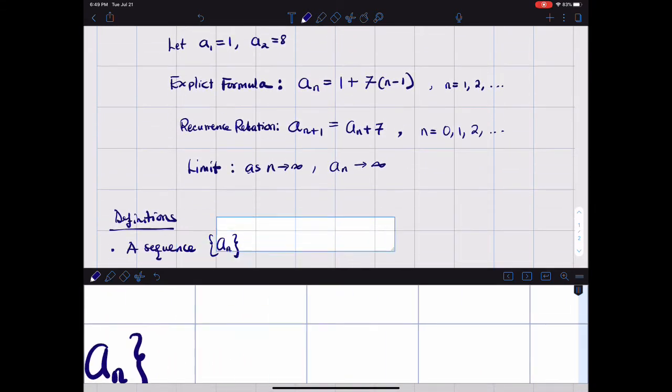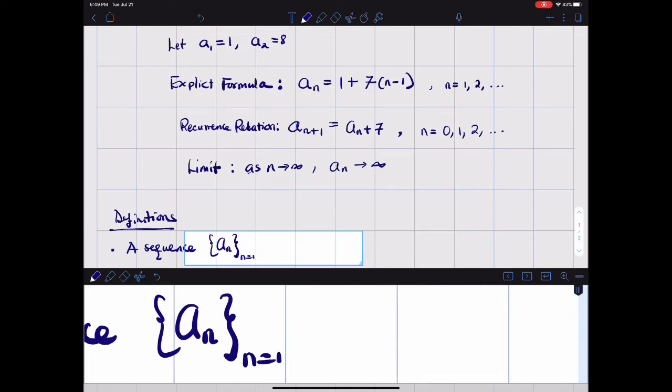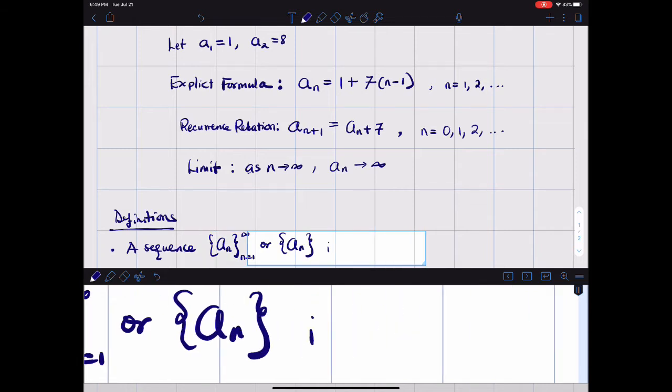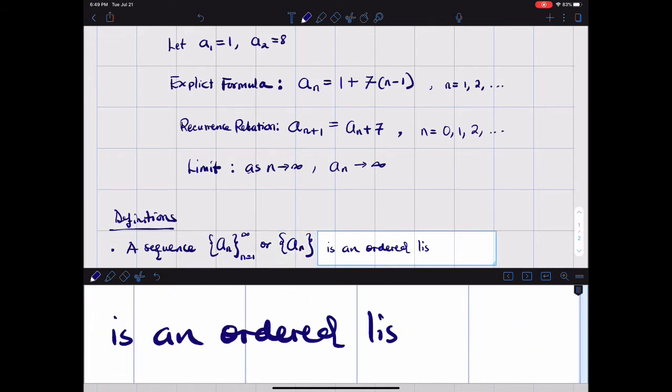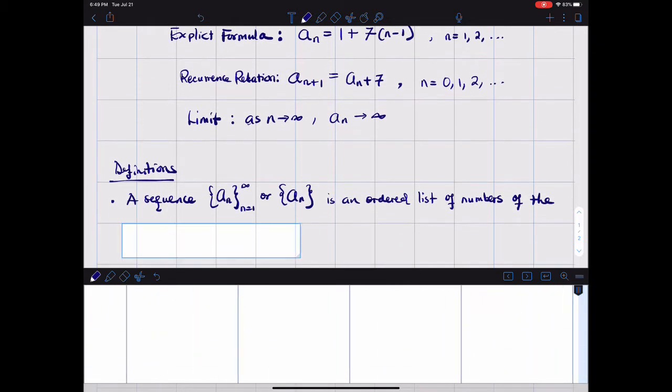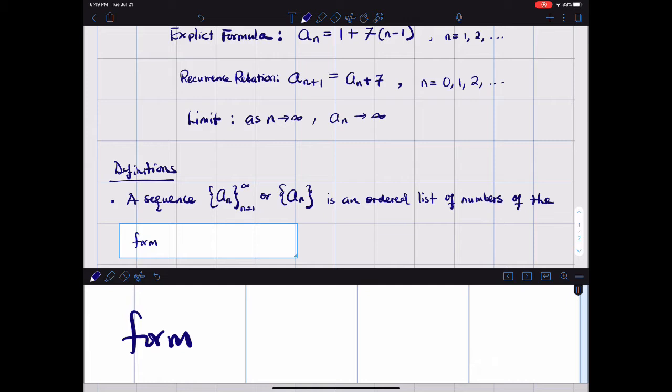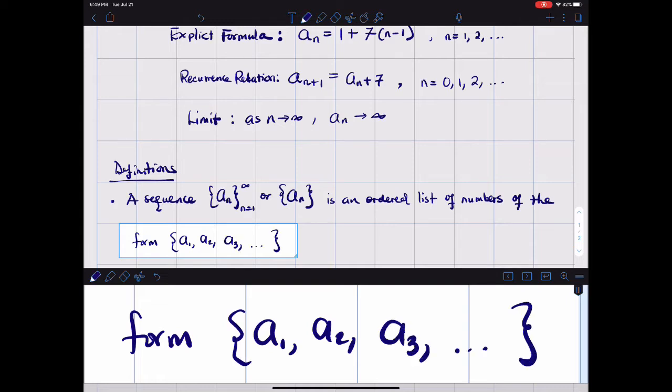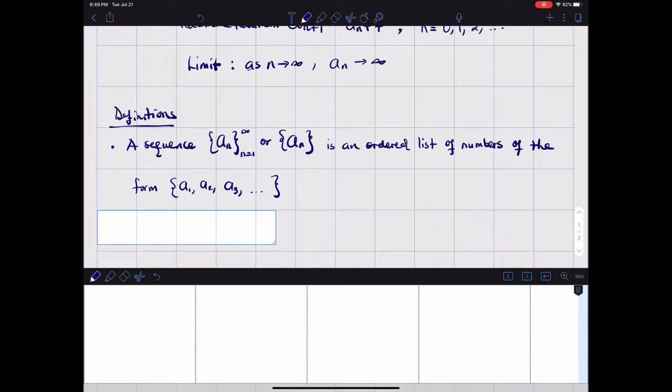So our An, n from 1 to infinity, or simply An, is an ordered list of numbers of the form A1, A2, A3, etc. So it's just a set of numbers that is ordered.